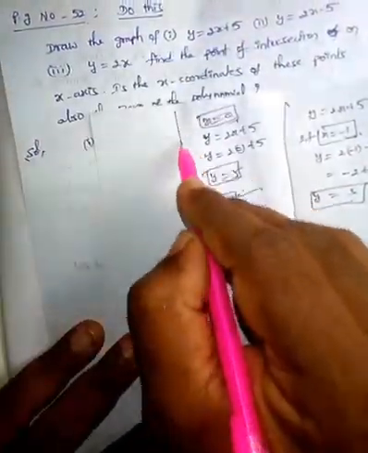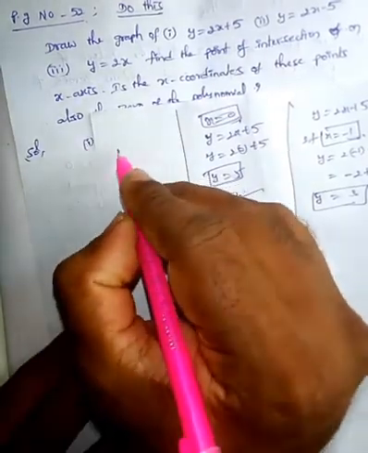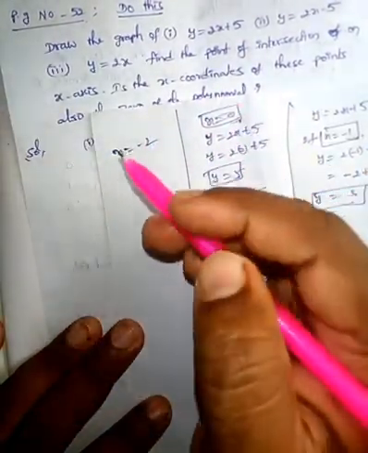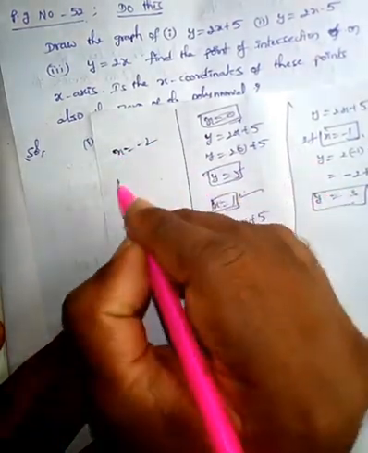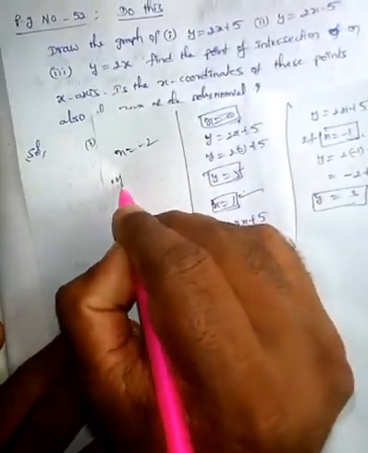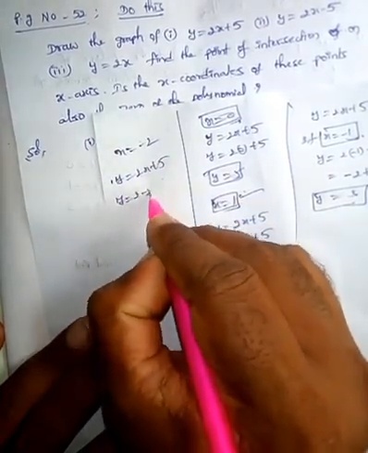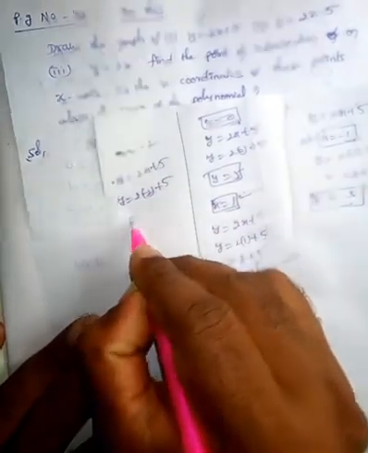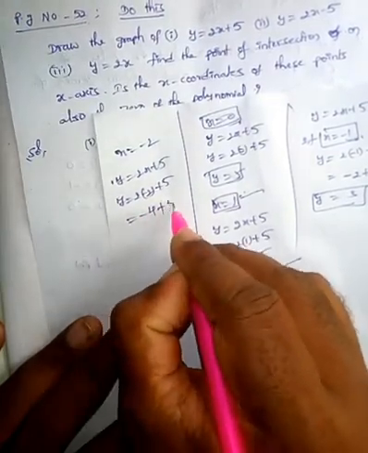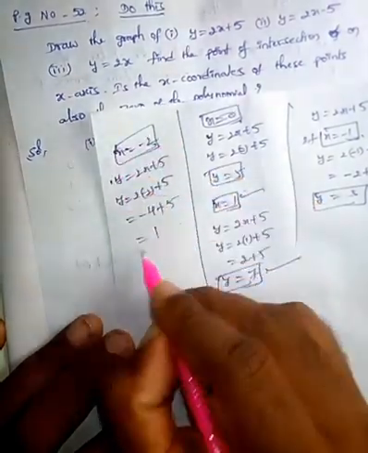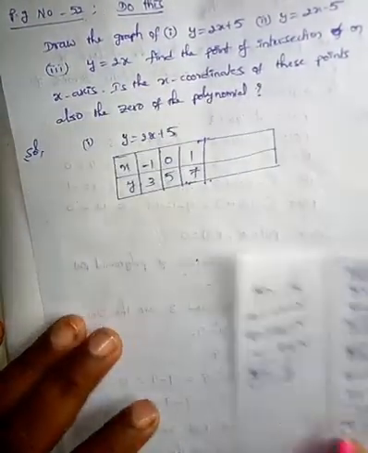Now I am taking x equal to minus 2. You can choose any values for your choice. So now I am taking x equal to minus 2. The equation is y equal to 2x plus 5. And if you substitute minus 2 in the place of x, you got minus 4 plus 5, that is 1. Okay, if x equal to minus 2, what will be the y value? 1.